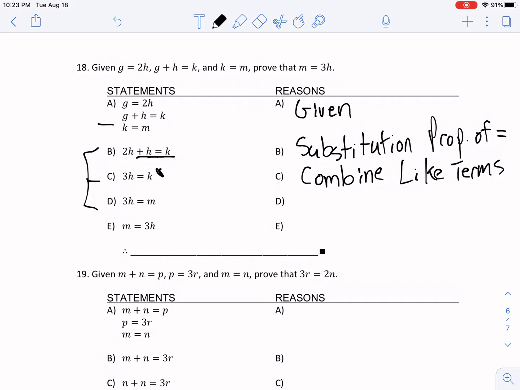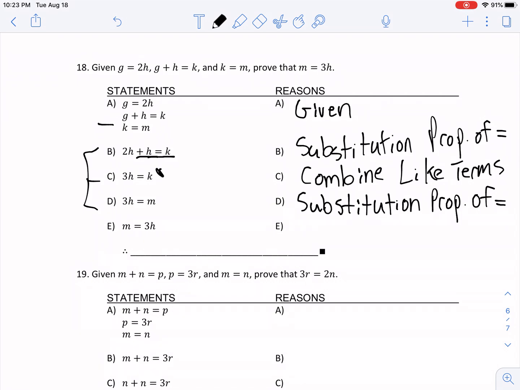I'm going to say the substitution property. We're just substituting one equal thing to another. But sometimes there's actually a couple different statements that we could use in place, okay? I'm substituting M for K. Okay, so we substitute that value in.